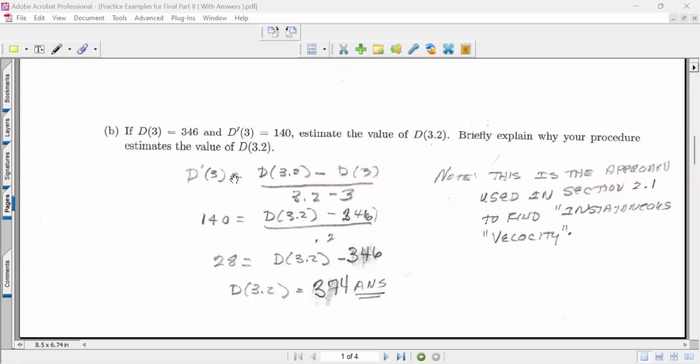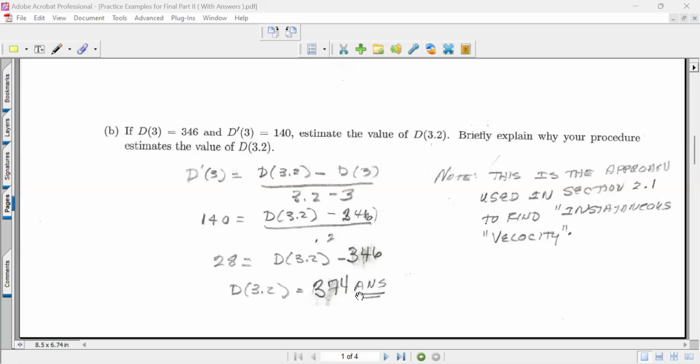So D prime of 3, which is what we want, is y2, that's D of 3.2, minus y1, which is D of 3, over x2, which is 3.2, minus x1, which is 3, and we just do the arithmetic. We plug in what we know, and this is what we don't know. Multiply each side of the equation by 2/10. 1/10 of 140 is 14, so it's 28. We add this over, and we have our answer there.